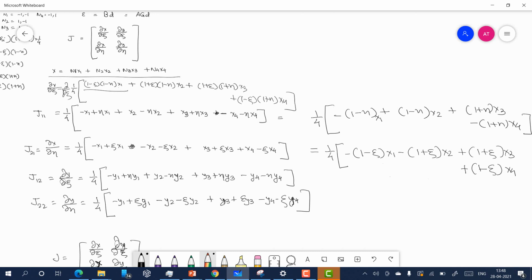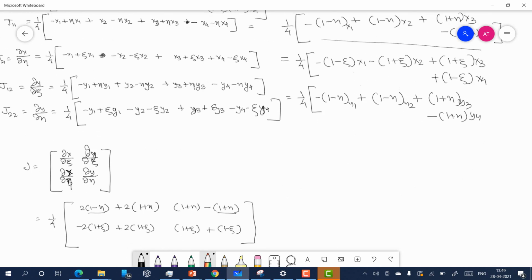This is my J21, and J12 is simply, do I not have the same thing like that? So I just have the same thing into y1, y2, y3, y4. So I have 1 minus eta, minus 1 minus eta, 1 plus eta, minus 1 plus eta, and y1, y2, y3 and y4.